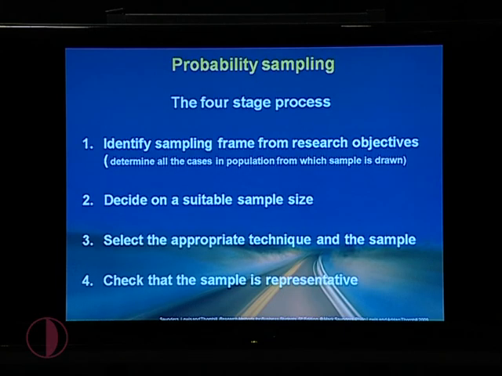For probability sampling, the first type, there are 4 stages for selecting the sample: to identify the sampling frame, to know your population for the sample, to decide on the suitable sample size, to measure the ratio of your sample to the whole population, and to select the appropriate techniques and the sample, and check that the sample is representing your population.